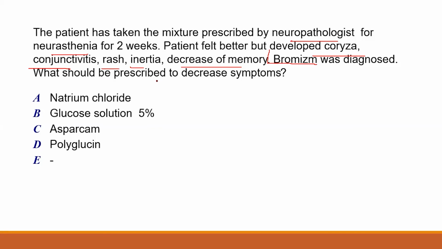So in this case, we can just give normal saline. When I say normal saline, normal saline to me means sodium chloride because it is salt. So you give salt and the patient will be fine. So here, you are definitely going for A as your likely drug of choice.